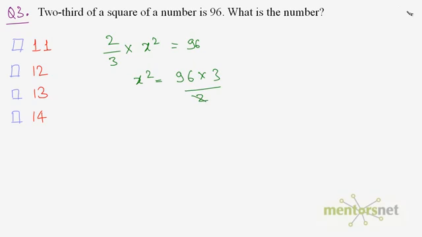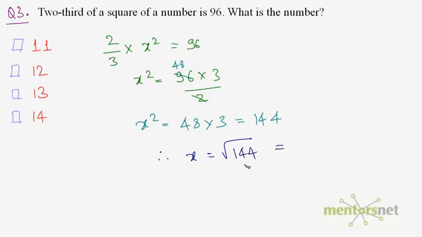So 2 times 1 is 2, 2 times 4 is 8, and 2 times 8 is 16. So x square is equal to 48 times 3, which is equal to 144. Therefore, x is equal to under root of 144, which is the square of 12. Therefore, under root 144 is equal to 12. So the answer is option B.